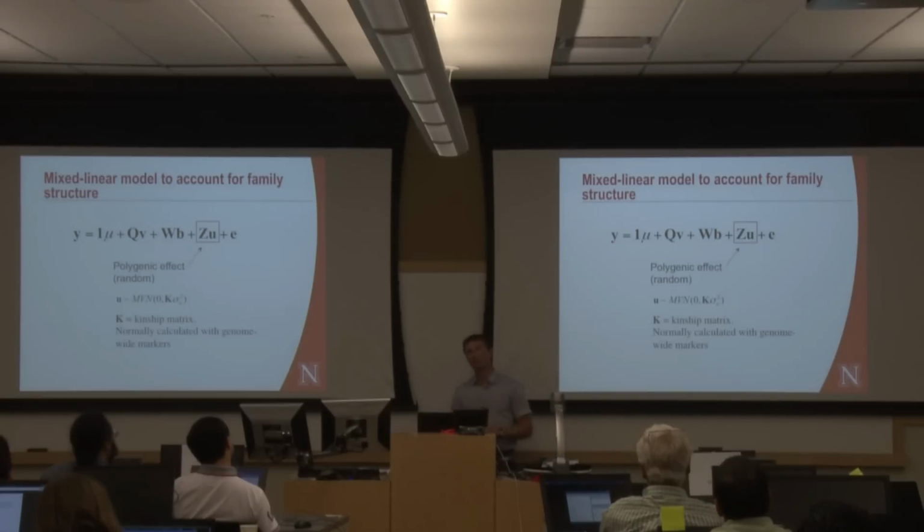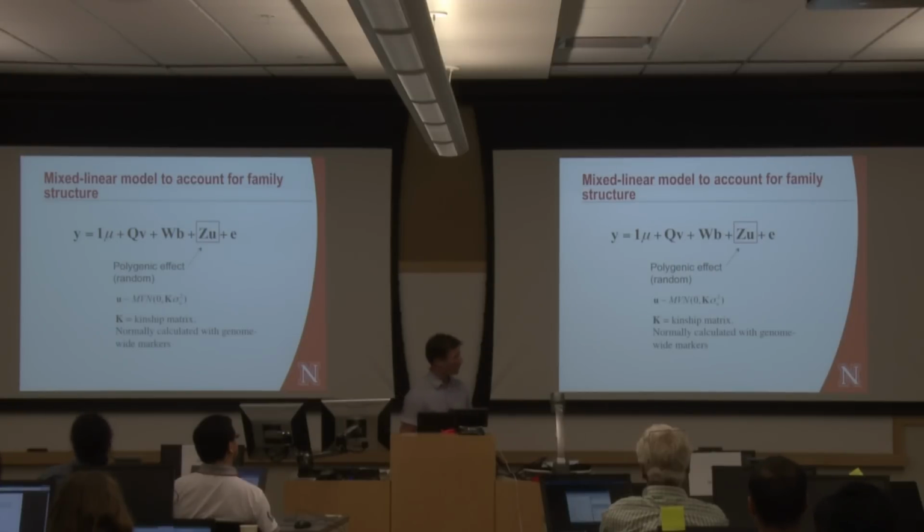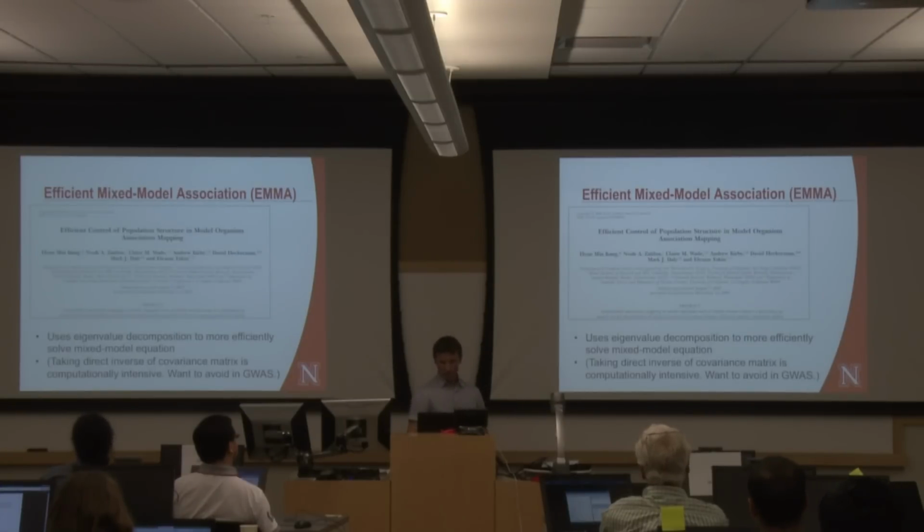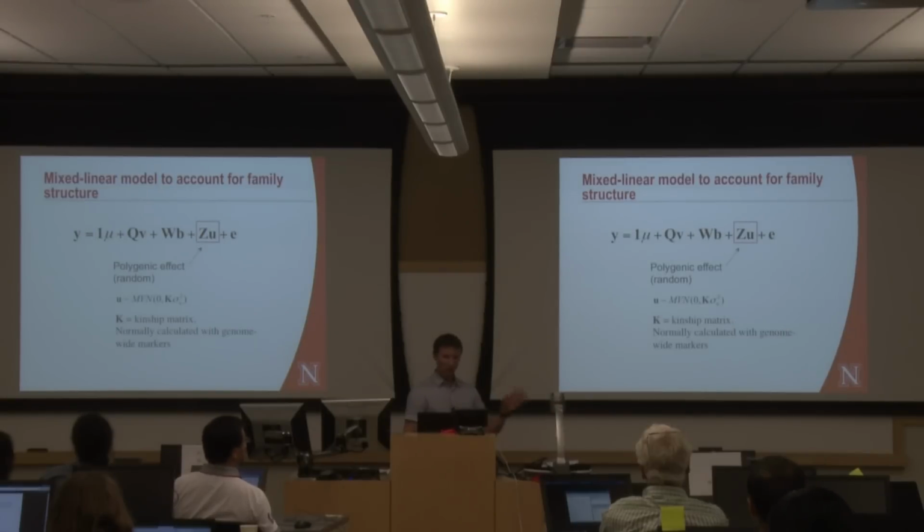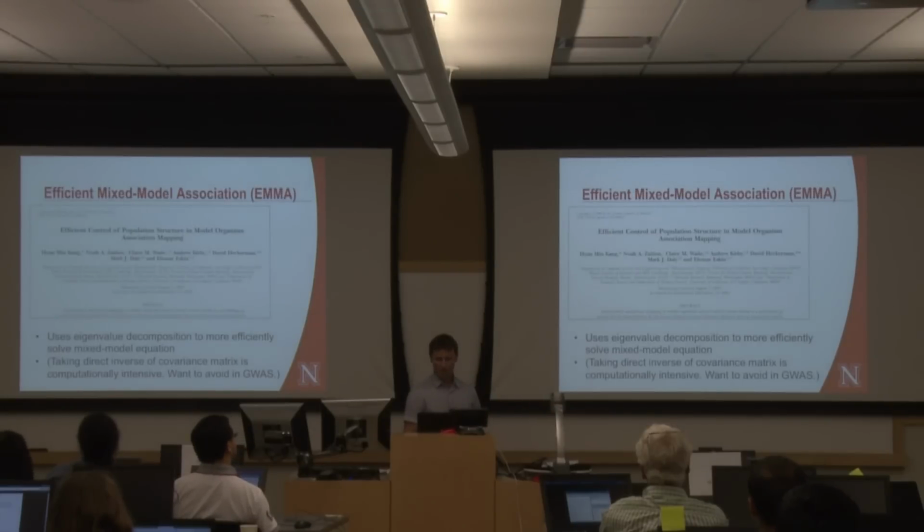And this can take a variety of forms, but a simple way to think about this is that this kinship matrix basically contains the number of similarities across all loci in the genome between two individuals in the population. Okay, so this is going to model the fine scale relationships among all pairs in your diversity panel. And you can calculate this. I'll go over how you calculate that in a minute here.